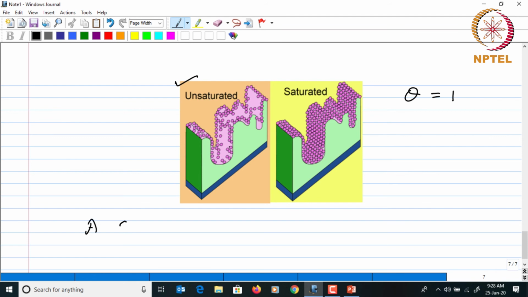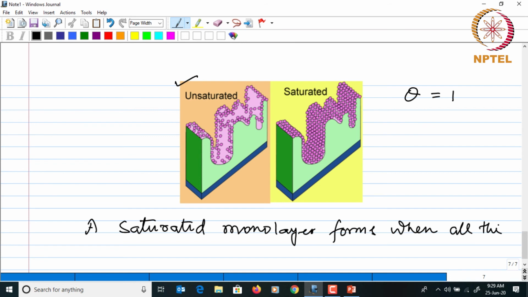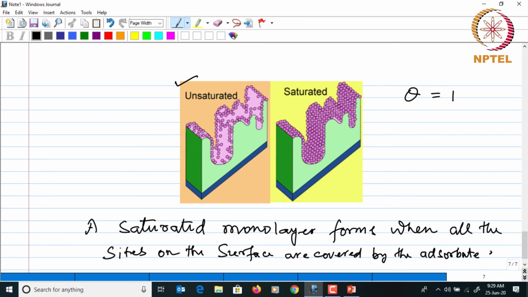Okay, so we can say that a saturated monolayer forms when all the sites on the adsorbent surface are covered by the adsorbate gas. Right?